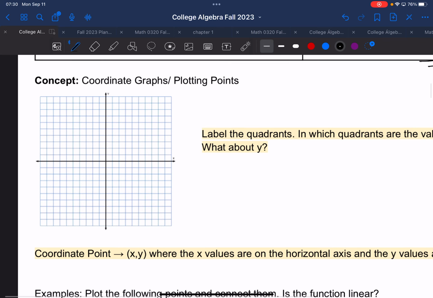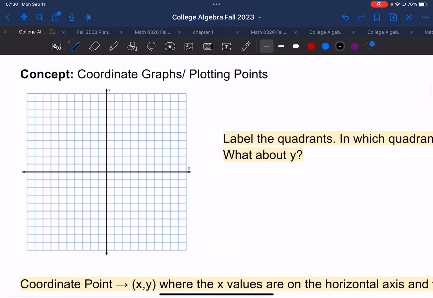So first, we're just going to label this coordinate plane. So if I had to label where 1 starts, where is that going to be? First, top or bottom? Top. And then left or right? Right, so this is quadrant 1.